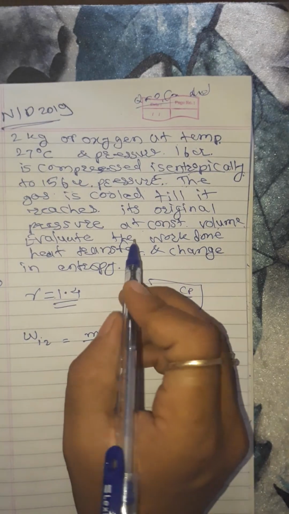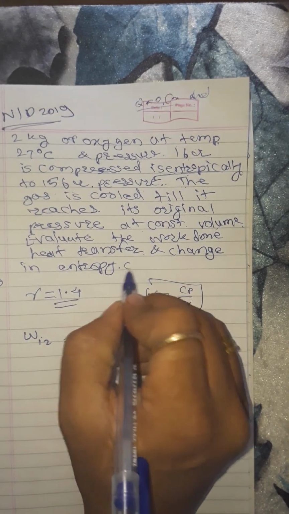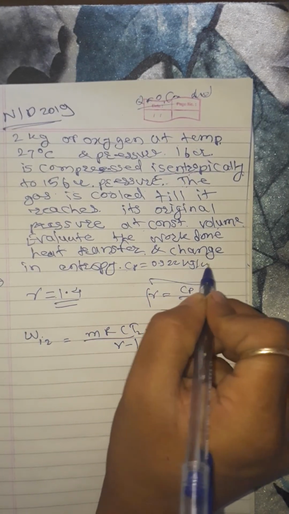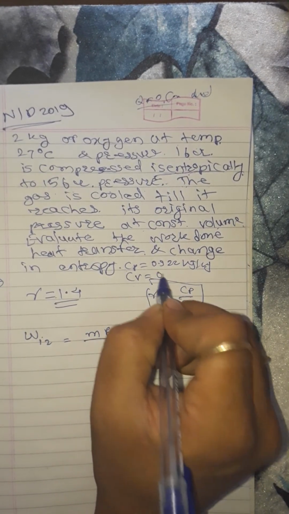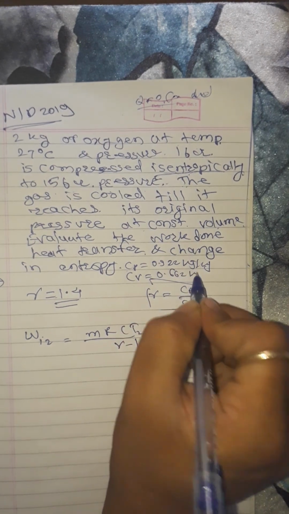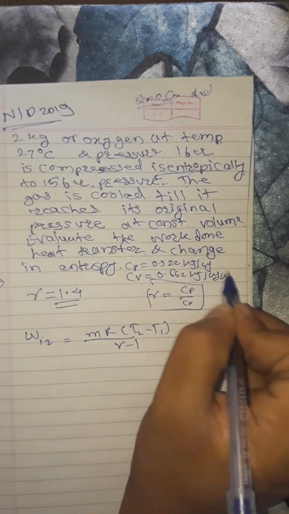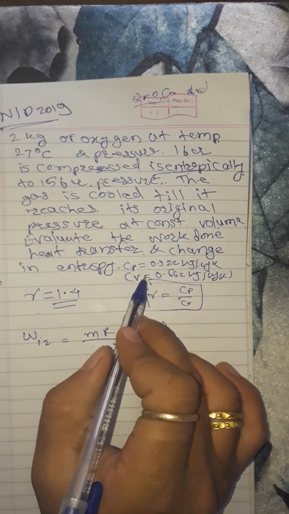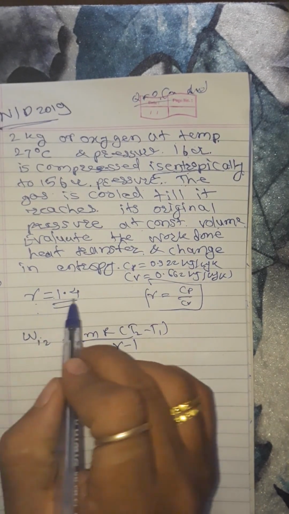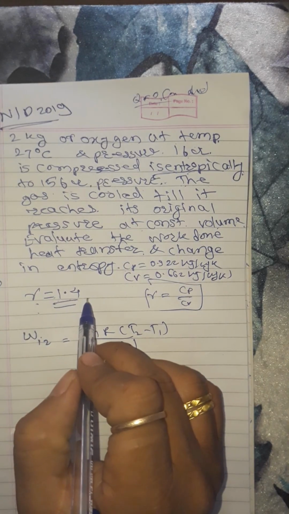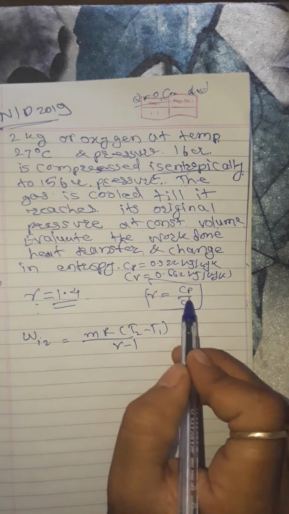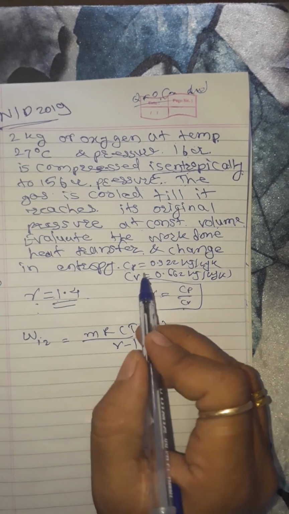heat in the constant volume process. Here some data is not given, that is Cp is equal to 0.922 kilojoule per kg Kelvin and Cv is equal to 0.662 kilojoule per kg Kelvin. If this value is not given, you can use gamma equal to 1.4, the standard value. If this value is given, gamma is equal to Cp by Cv, right?